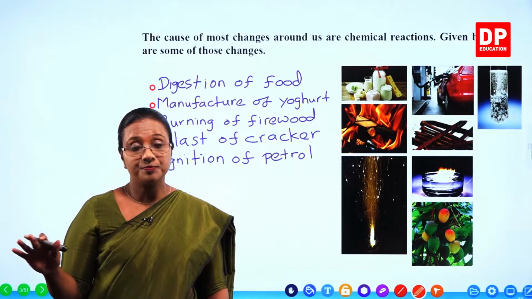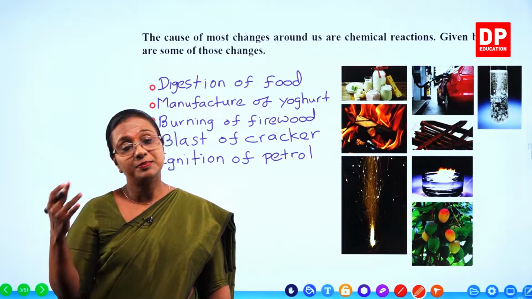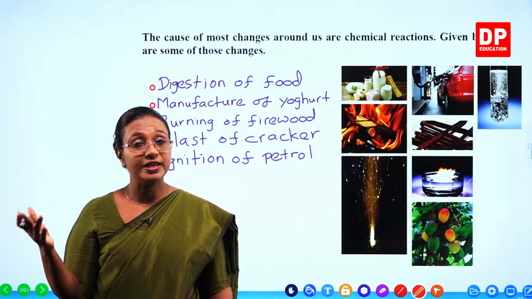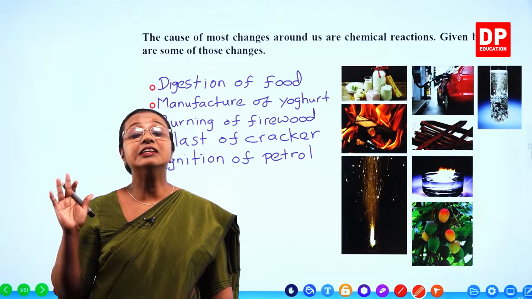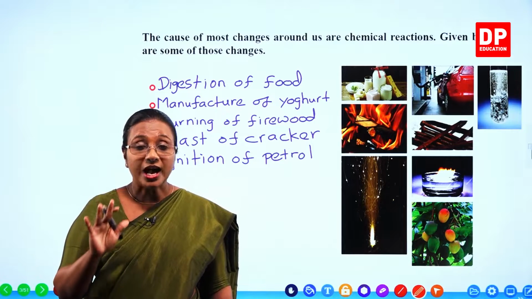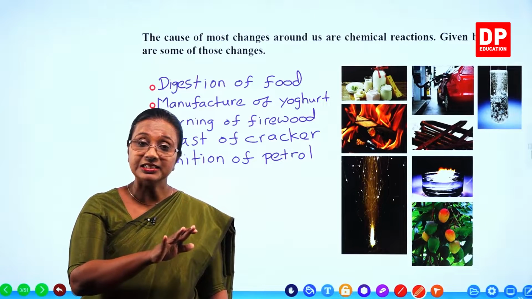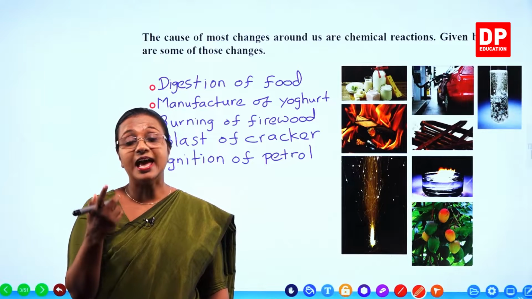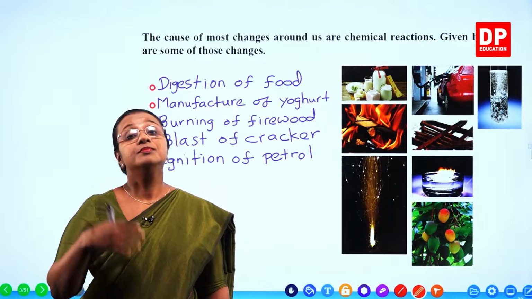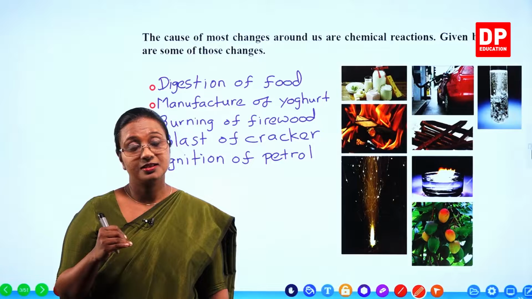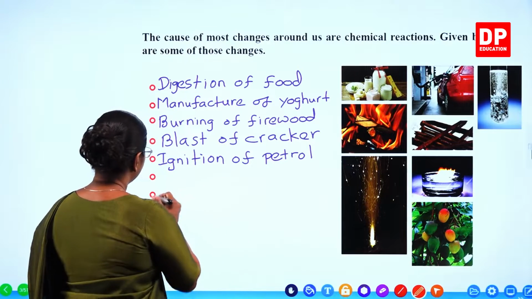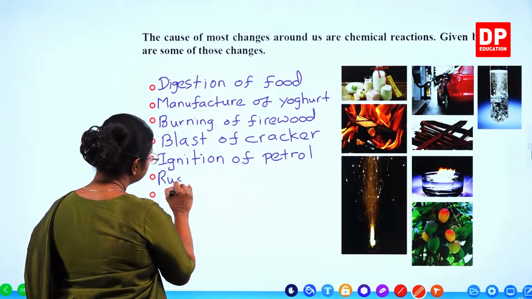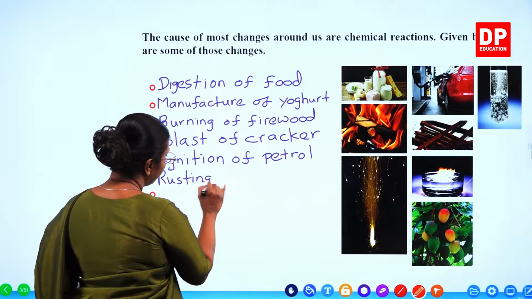But with time, few days, few weeks, few months, it depends, but it takes some time, you can see the rusting. So iron is the reactant, then with oxygen and water, it forms rust. Rust is the product. So that is also a chemical reaction. Rusting of iron.